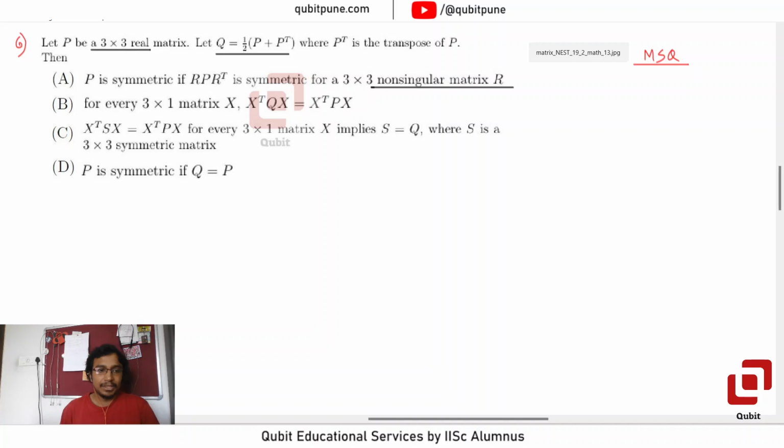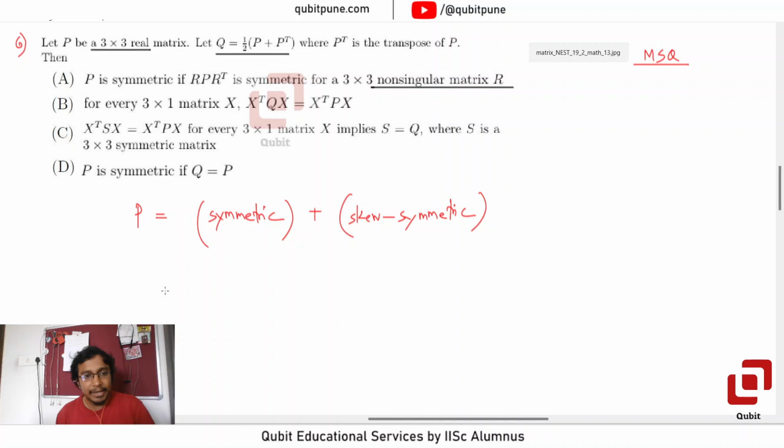Now, quite often we are told that any square matrix can be represented as a sum of a symmetric matrix and a skew symmetric matrix. You must remember this.